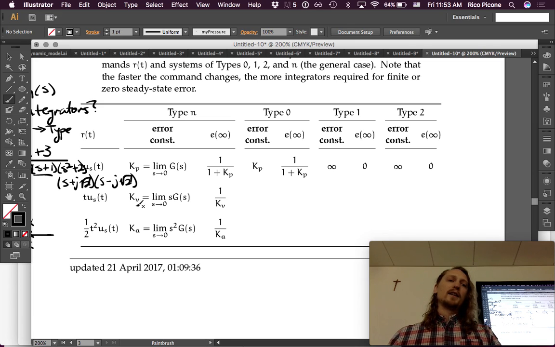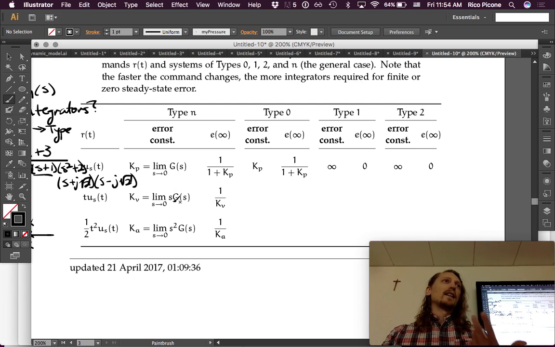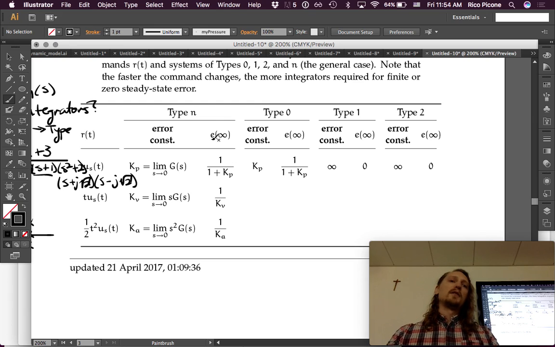The velocity constant, Kv, is equal to the limit as s goes to 0 of s G(s). So we add this differentiator in there, right? Which is going to cancel an integrator. That's the net effect that it has. So if you derive it out, the steady state error is 1 over Kv.